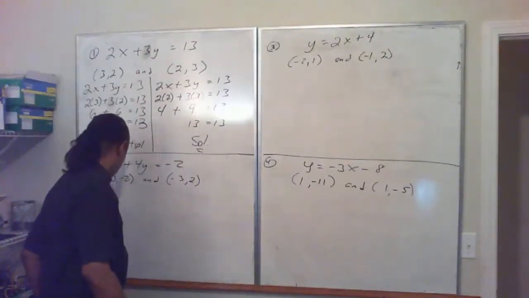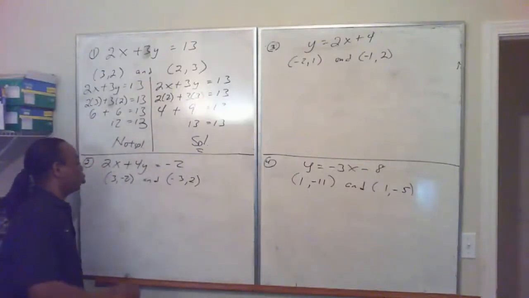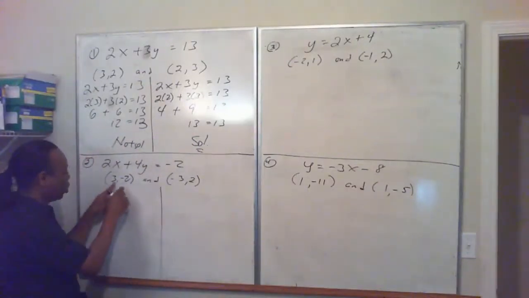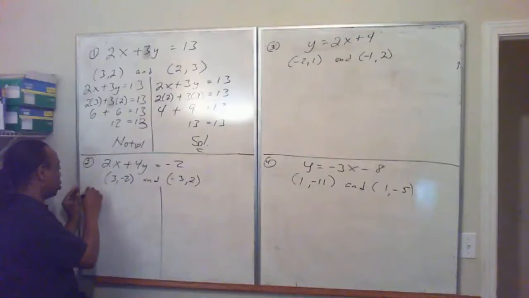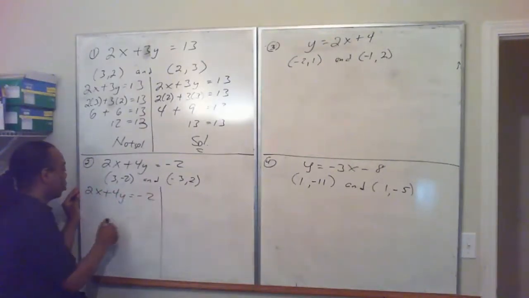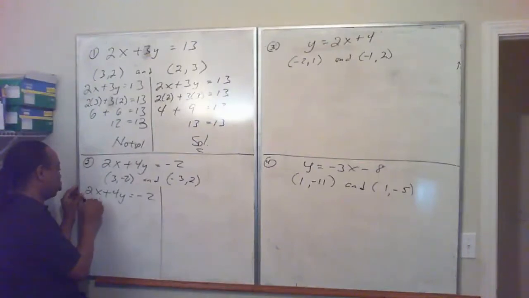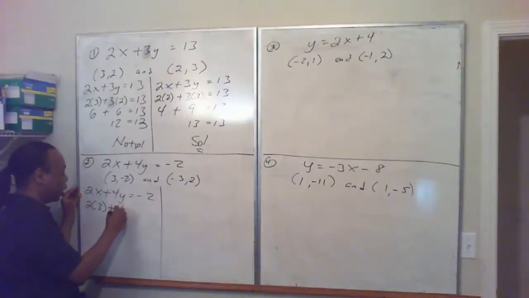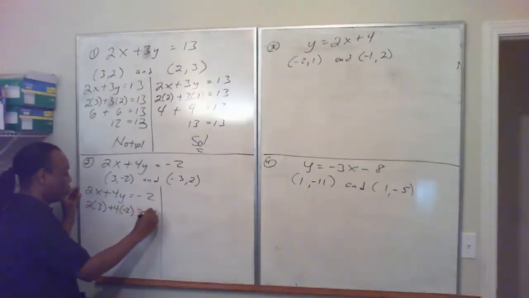Okay, look at number 2. Number 2, we want to look at whether (3, -2) is a solution. So we're going to write 2x plus 4y equals negative 2, and replace the x with 3. The y gets replaced with a negative 2.